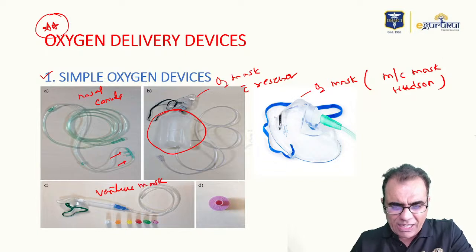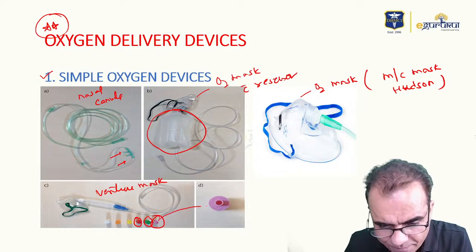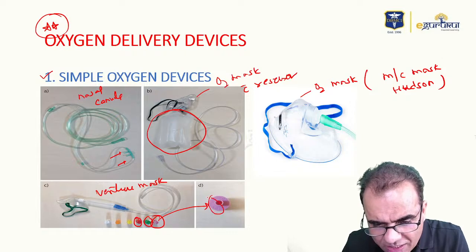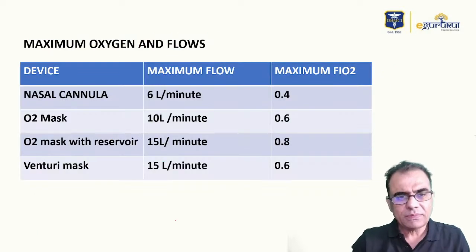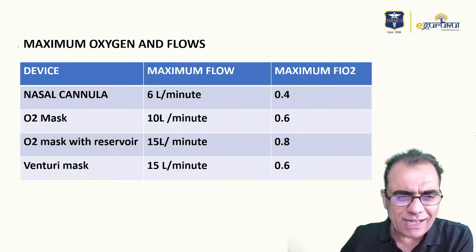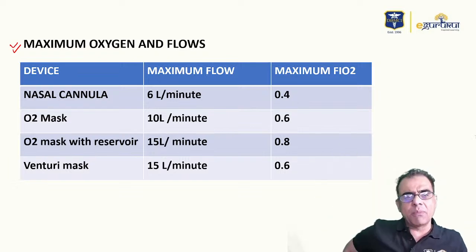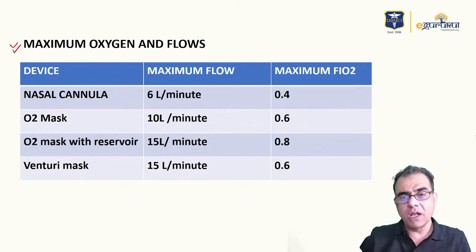which comes in different colors and each color delivers its own percentage of oxygen. Here you can see purple. It is written 15 liters oxygen and it will deliver 50%. So very important, what they ask from you is what should be the maximum oxygen flow that you should keep with these kinds of equipment, and what is the maximum FiO2 or maximum output which you are going to get.